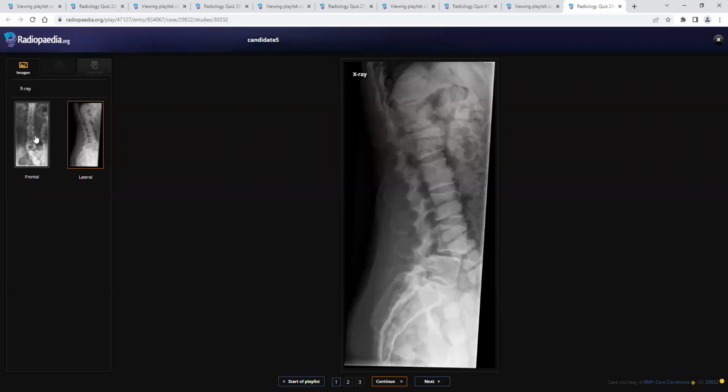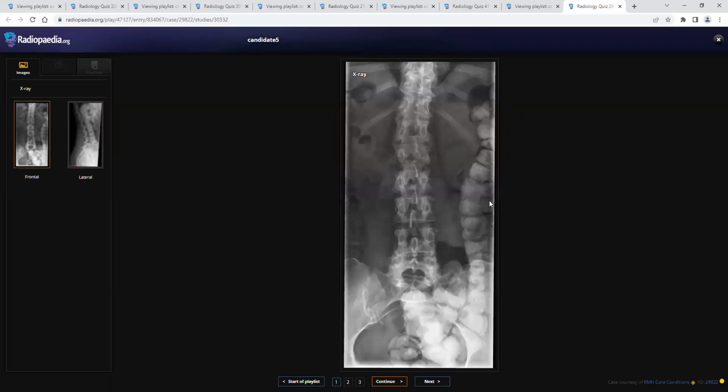The abnormality is in this film. Maybe the images are small, but I don't see any significant abnormality.